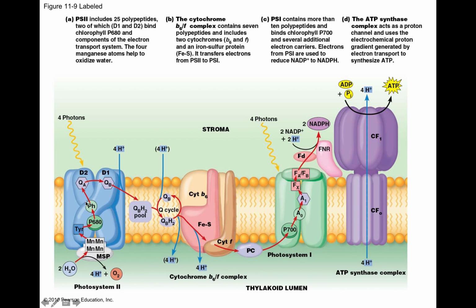That electron transport chain looks very similar to the one that you see in mitochondria, and it's the same sort of idea. These high energy electrons are moved down an electron transport chain where they lose energy, and that energy loss is used to move protons from one side of a membrane to another, and that proton gradient that is created is used to create ATP.